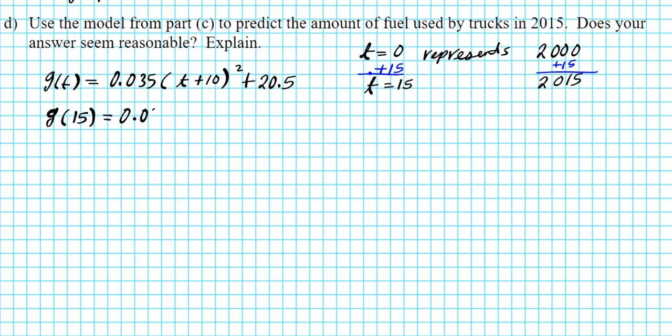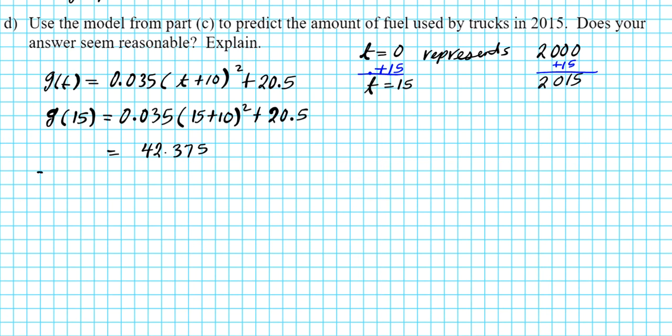So that's going to be 0.035 times 15 plus 10 raised to the second power plus 20.5. And our final answer, if you input that into your calculator, is 42.375.